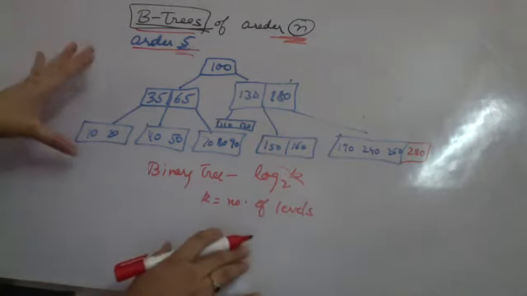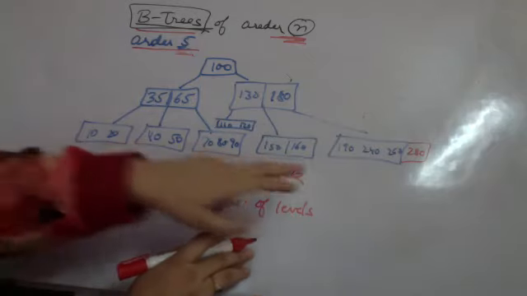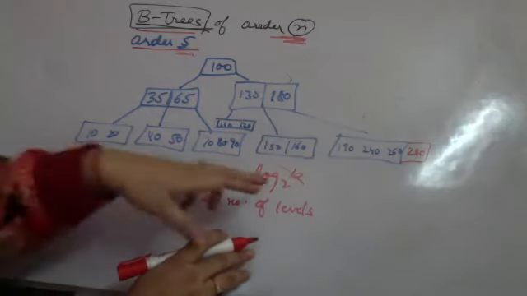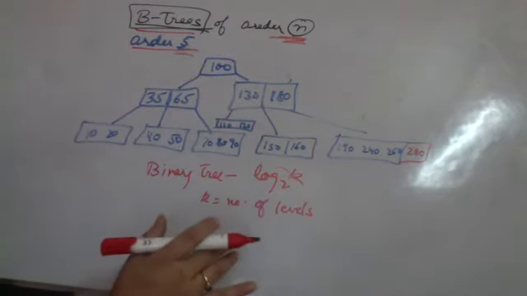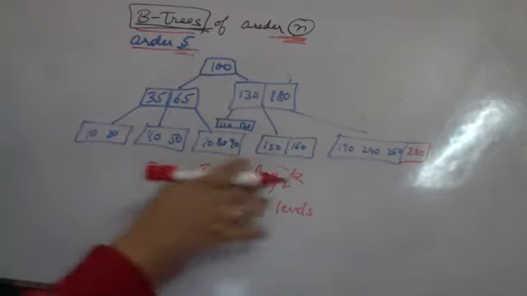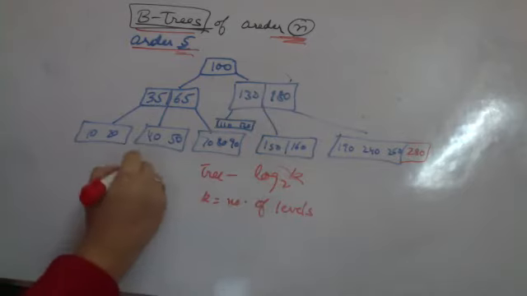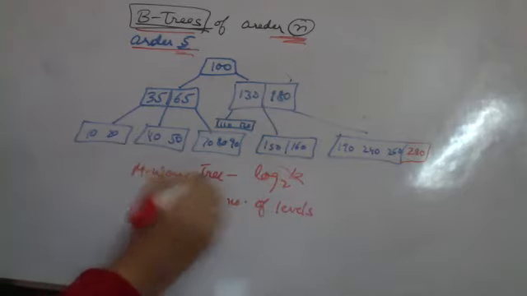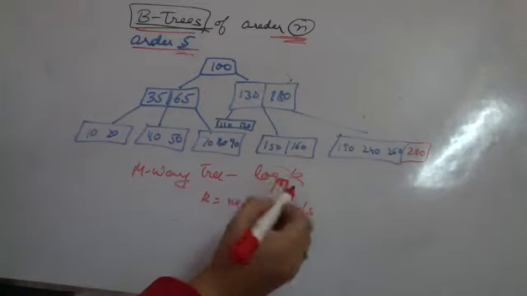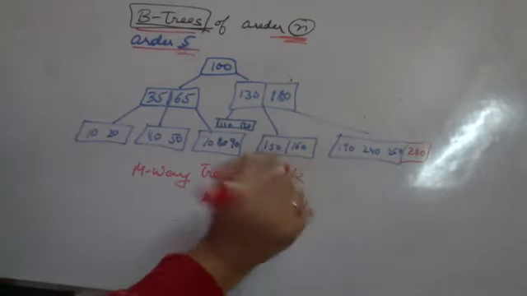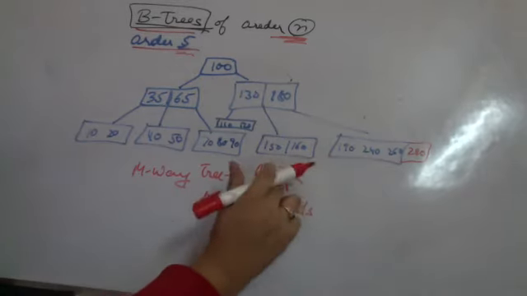Now for an M-way tree, if I have k levels and it is an order n tree, the height becomes log of k to the base n. Sorry, the number of levels is k here. It is base n. Can you please see that?